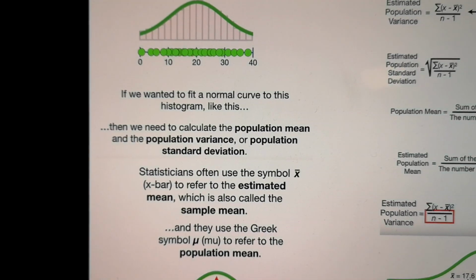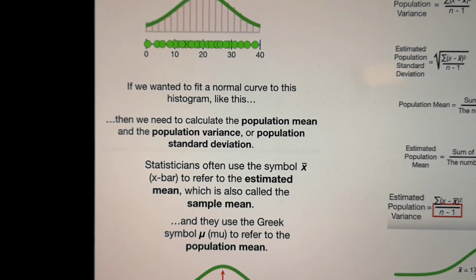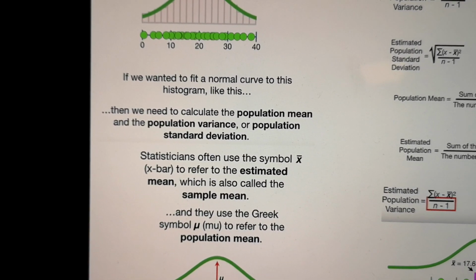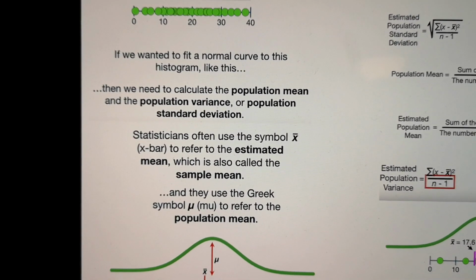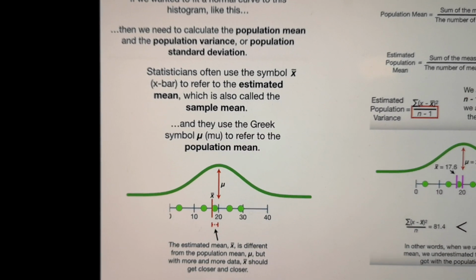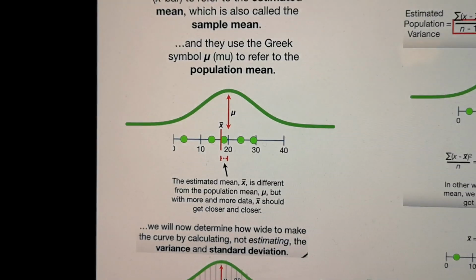Statisticians often use the symbol x bar to refer to the estimated mean, which is also called the sample mean. And they use the Greek symbol mu to refer to the population mean. Here is an example.